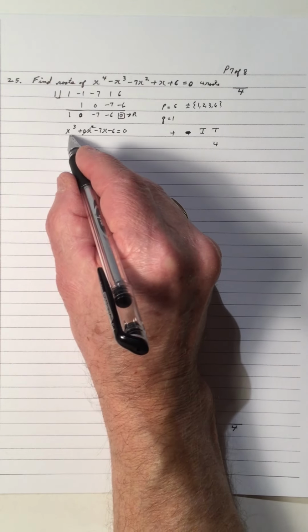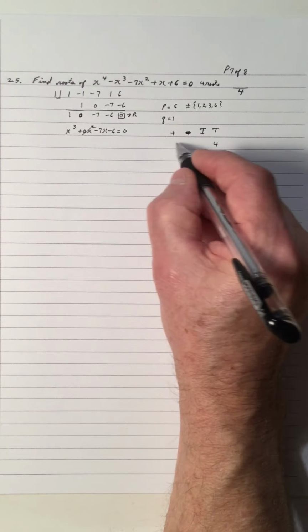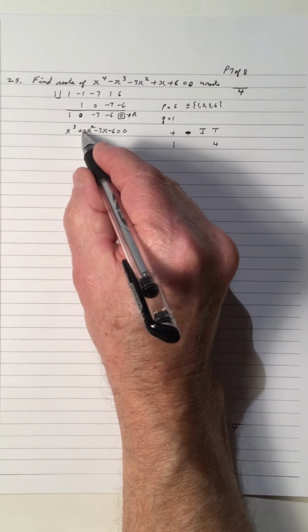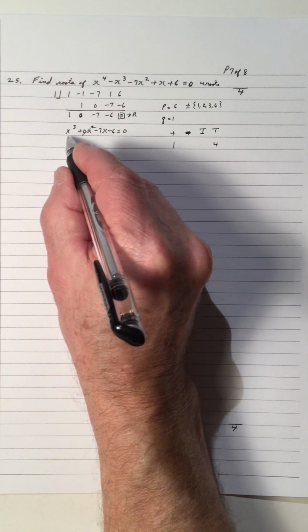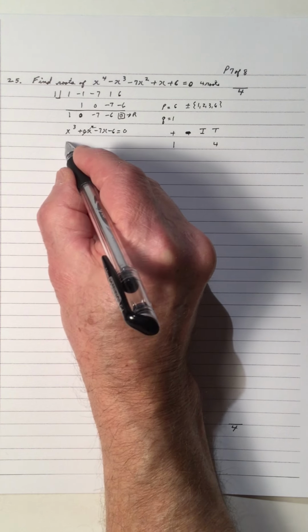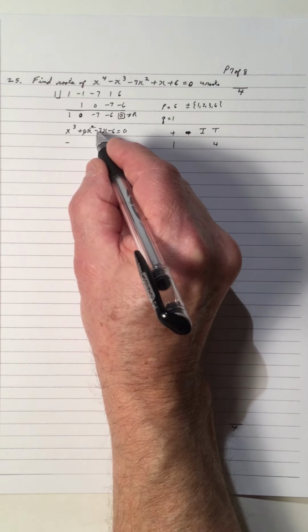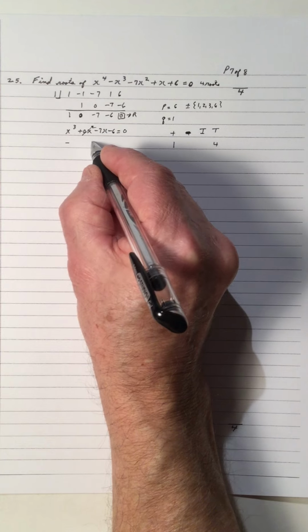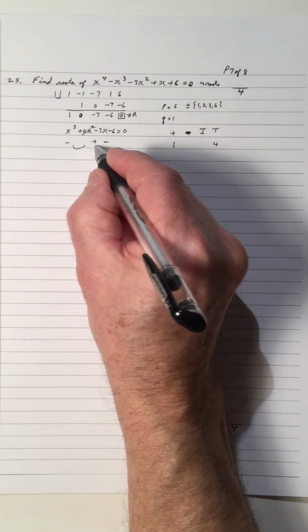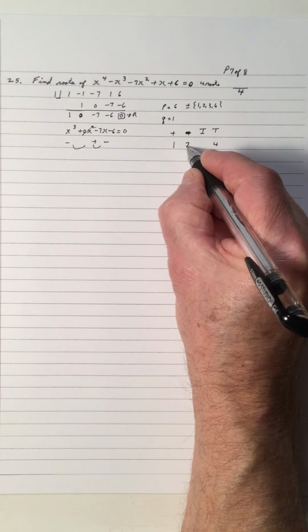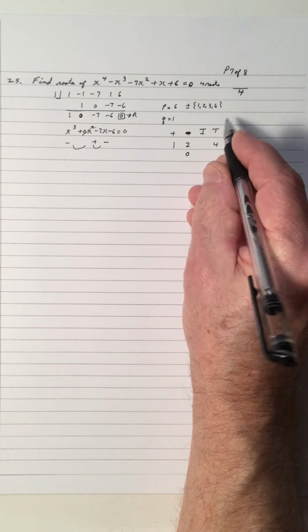So there's one change, only one change. We don't worry about the 0. Let's do the negative. Negative x cubed is negative. Negative 7 times negative x is a positive. And we got a negative. So when you do a negative, you got 2 sign changes. So you got 2 negatives or 0 negatives.